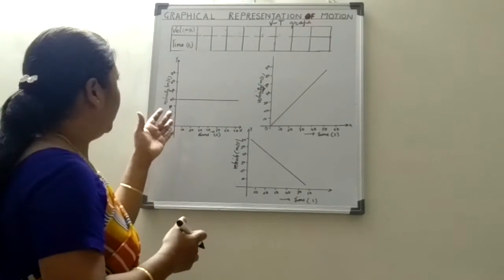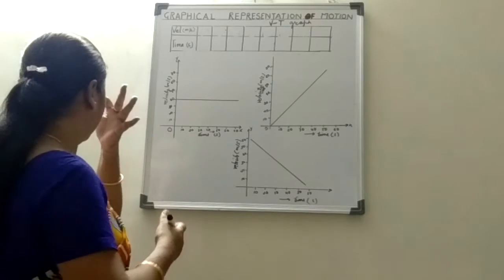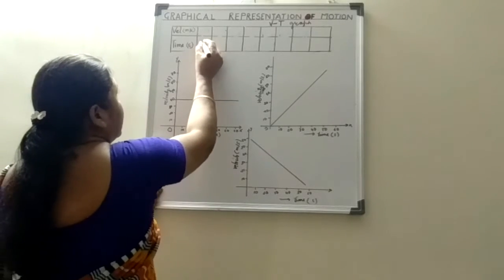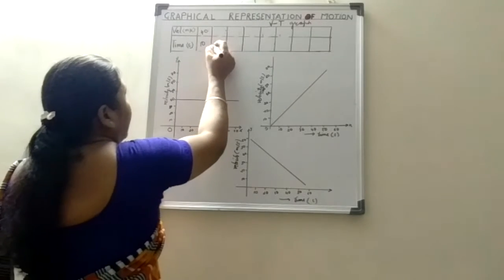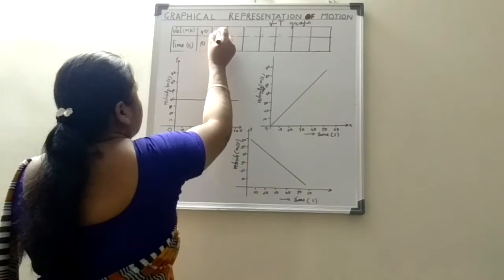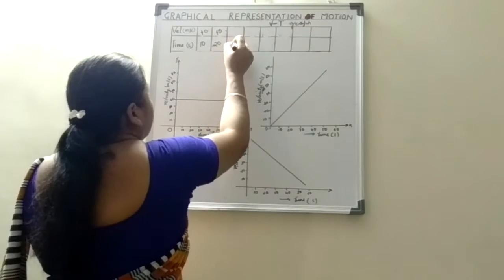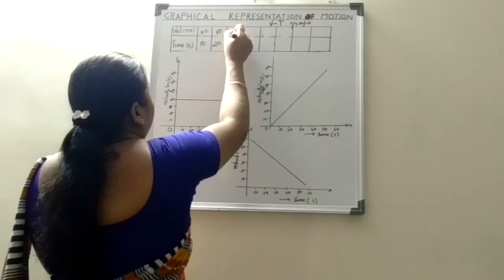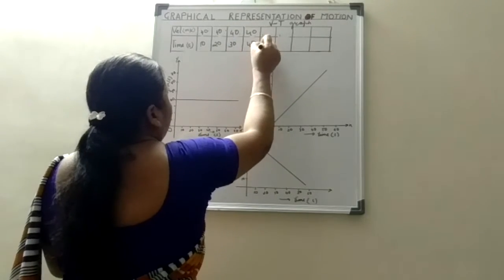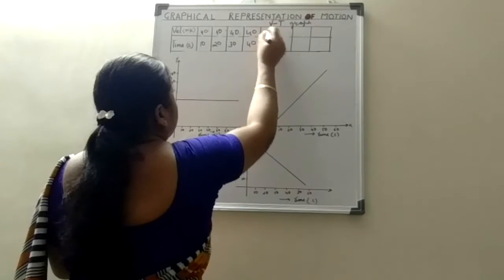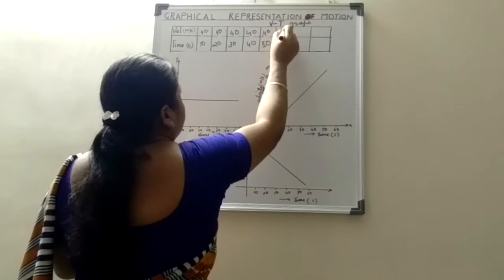Now in this, suppose time is 10 seconds, velocity is 40 meter per second. At time 20 seconds, velocity is again 40 meter per second. Time 30, velocity is 40 meter per second. 40, 40 meter per second. 50, 40 meter per second. 60, 40 meter per second.